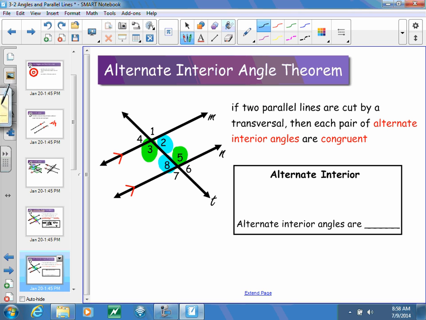The alternate interior angle theorem says that if 2 parallel lines are cut by a transversal, then each pair of alternate interior angles are congruent. So not only are corresponding angles congruent, but alternate interior angles are also congruent to each other. This means that angle 3 is congruent to angle 5, and angle 2 is congruent to angle 8.